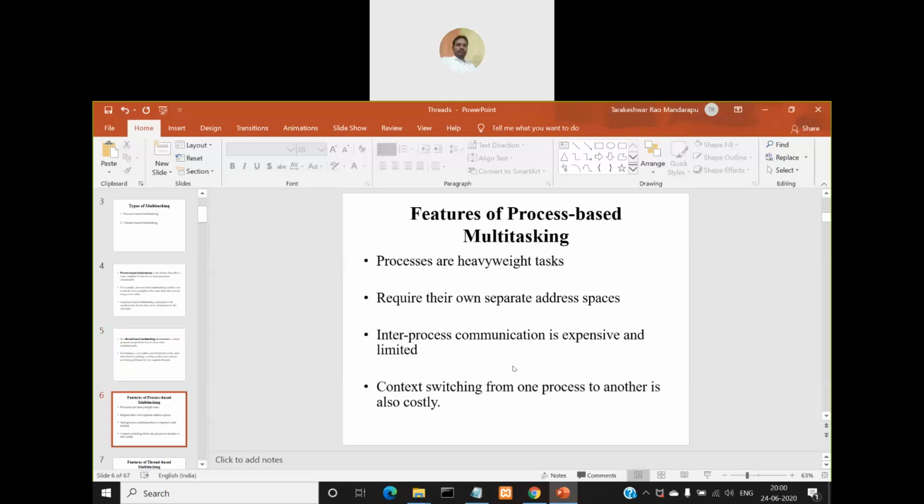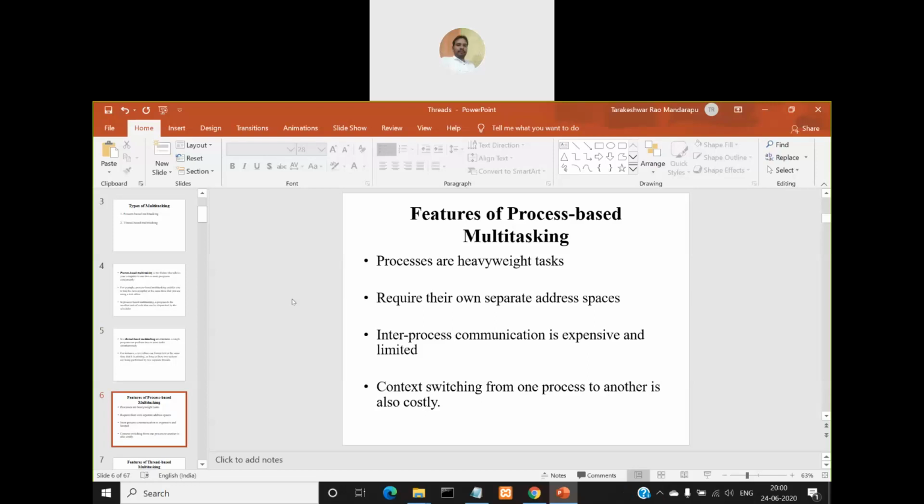In Java, we will not be using process-based multitasking; we'll be using thread-based multitasking. That's the reason the topic we are discussing now is called multi-threaded programming, or simply multi-threading. It is not multi-processing, it is multi-threading, right?